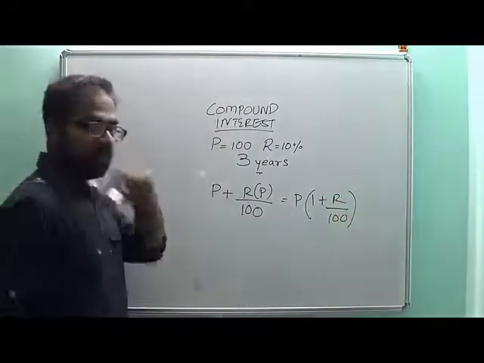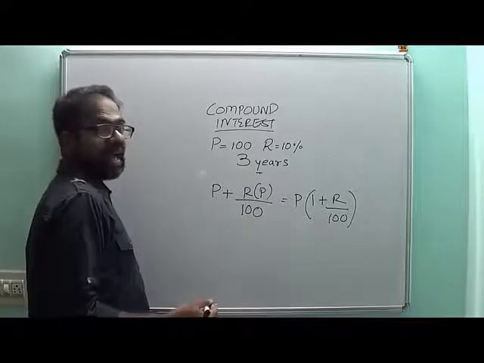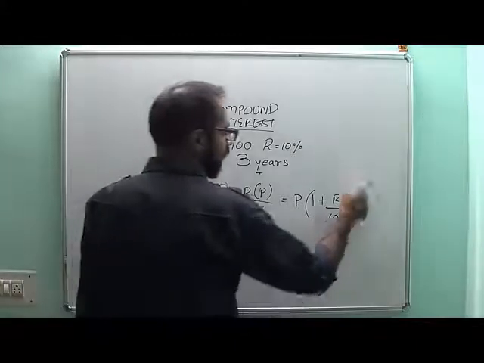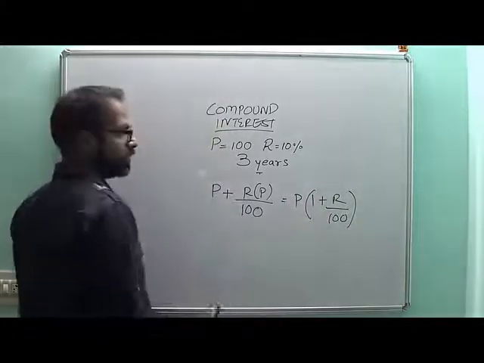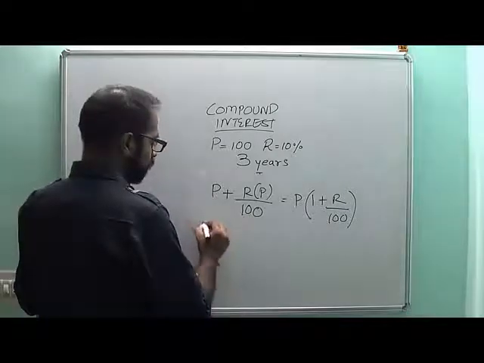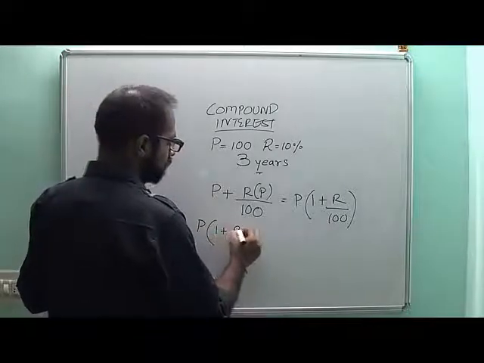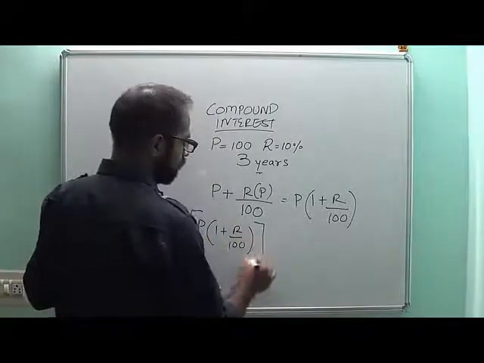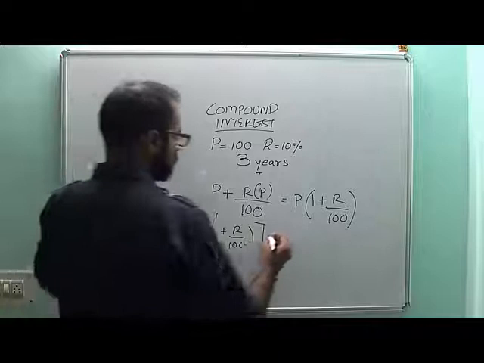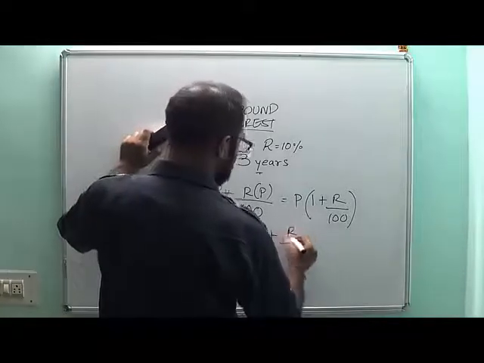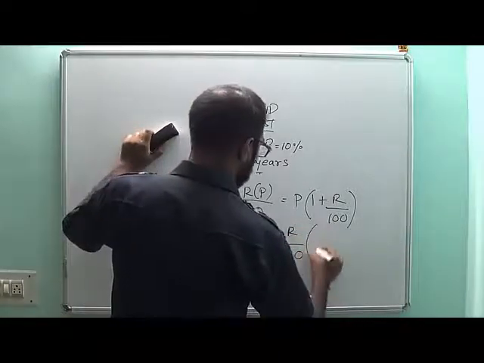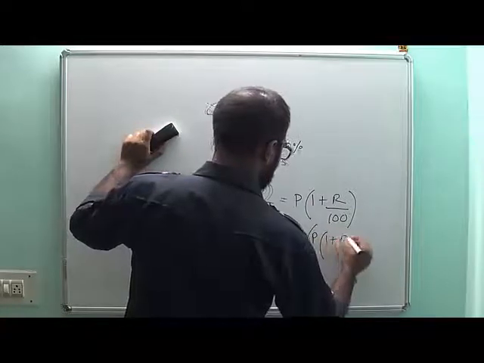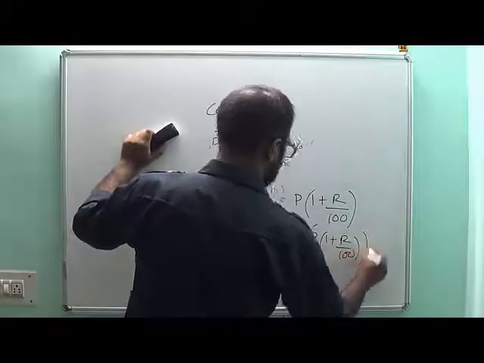Now for the second year I actually get this entire amount as the basic principal, which means for the second year P into 1 plus R upon 100 is my basic principal, and over this I get R by 100 of P into 1 plus R upon 100.